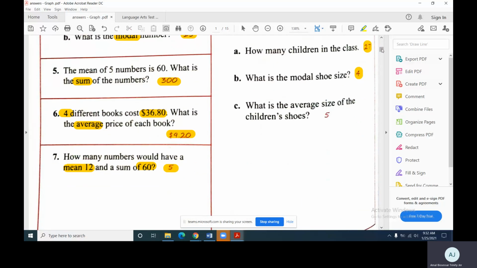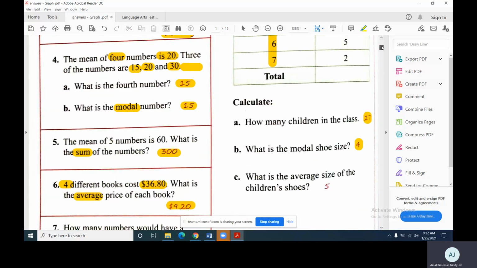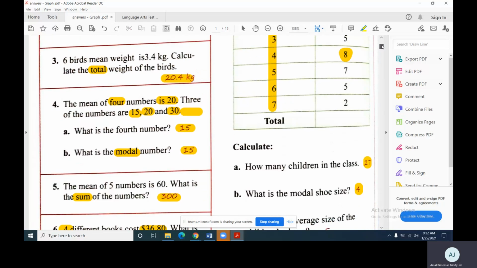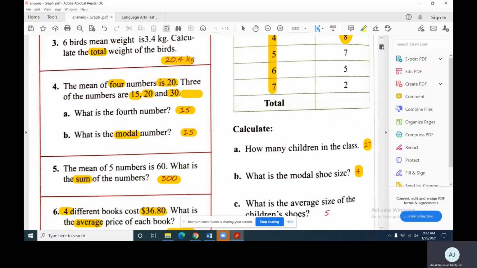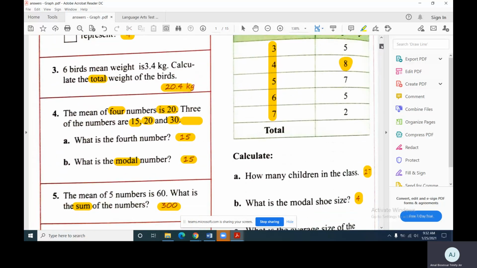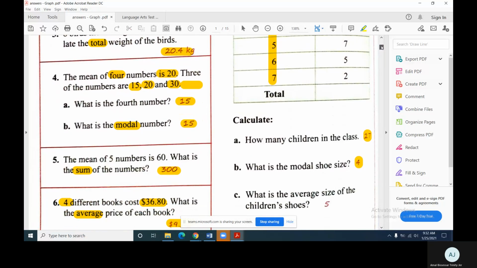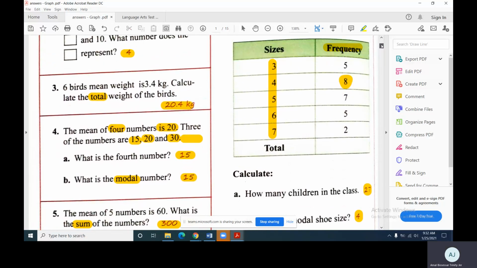And what is the average size? The average size, again, would be a bit different. You have a total number of students. Give me one moment.